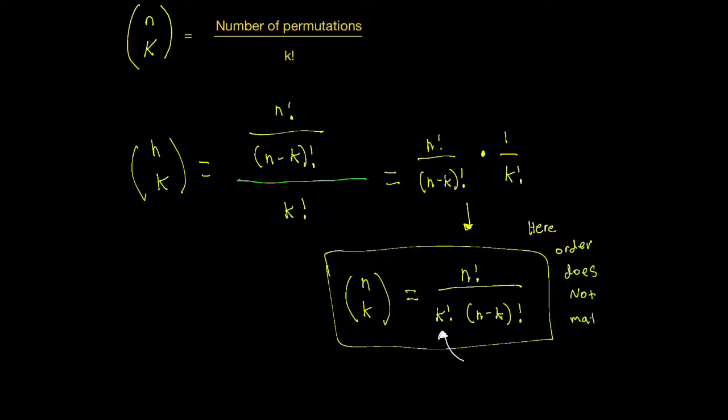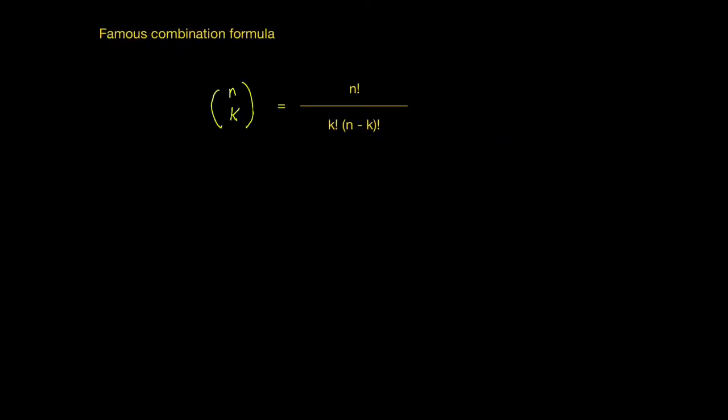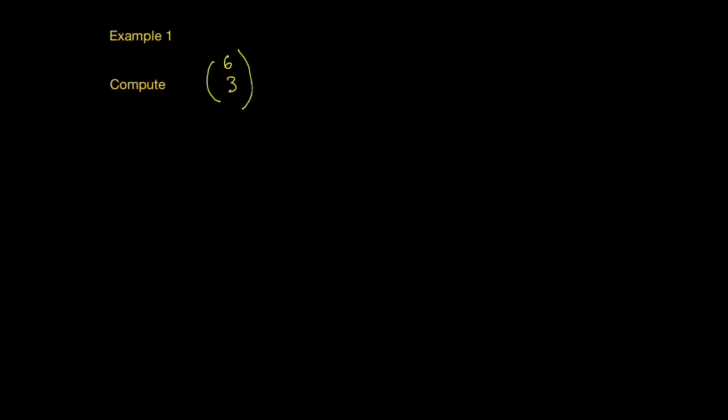And we'll talk more about this soon. But for now, let's focus our attention on being able to compute such quantities here. So let's begin with the first example. So focus on the formula, and let's try example 1. Compute 6 choose 3.